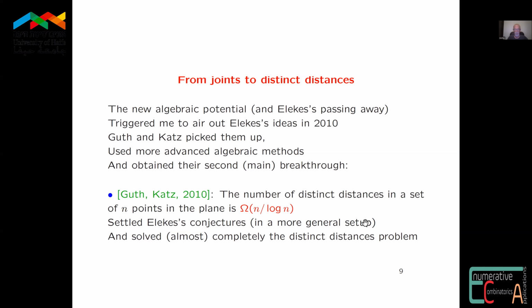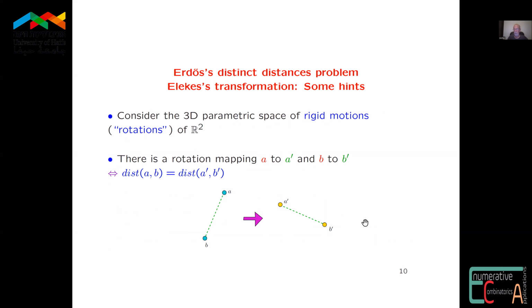Okay. So, just a few hints about his transformation. You go to 3 dimensions and you think of 3 dimensions as the space of all rigid motions in the plane. Every rigid motion, which we call rotations for short, has indeed 3 degrees of freedom, 2 of translation and 1 of rotation.